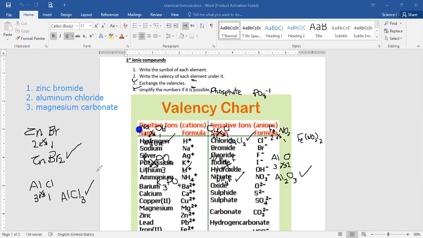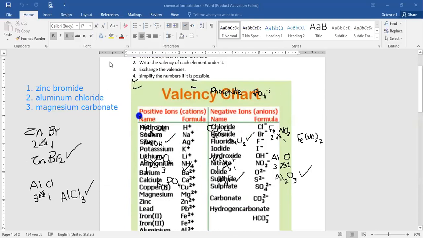Magnesium carbonate. So magnesium is Mg, its valence is 2. Carbonate is CO3, and its valence is also 2. Once we switch places, it's supposed to be Mg2(CO3)2, with brackets.